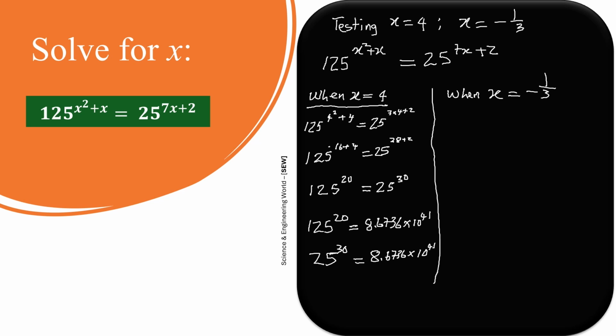We now have 125 to the power of minus 1/3 squared plus, or minus, because it's minus 1/3, minus 1/3.